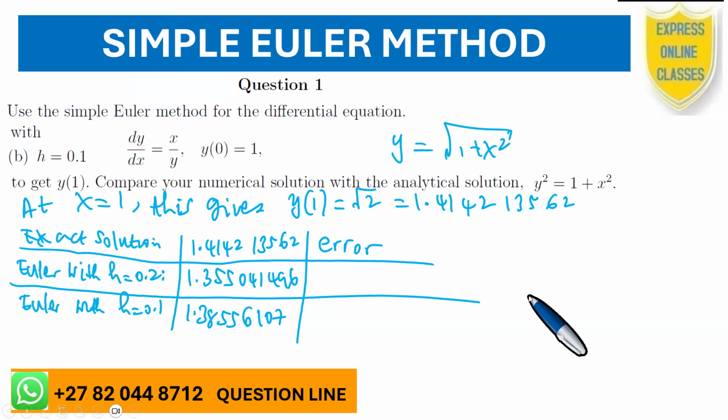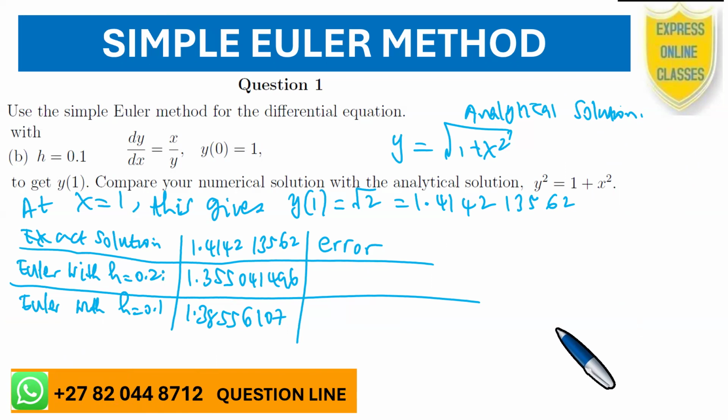We are saying this is the actual analytical solution. So if you have the analytical solution, then we're going to have that square root as the answer.